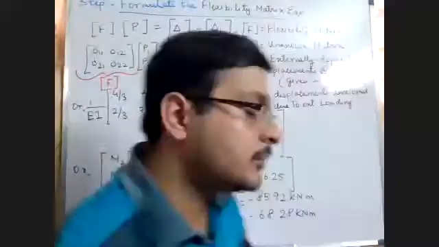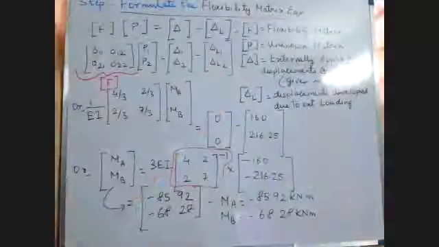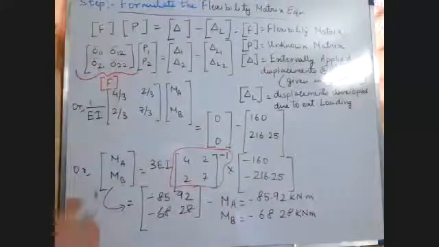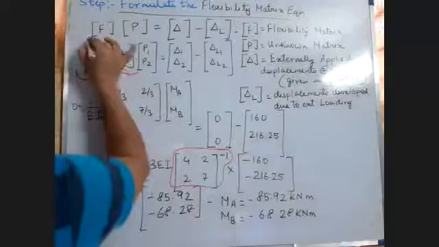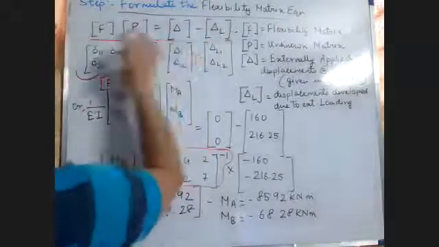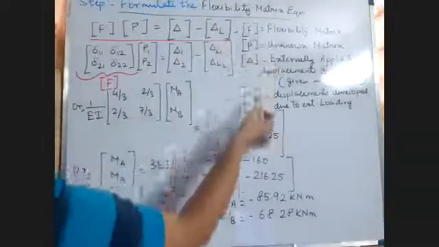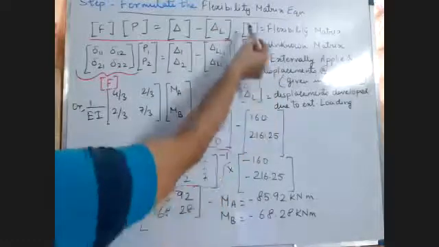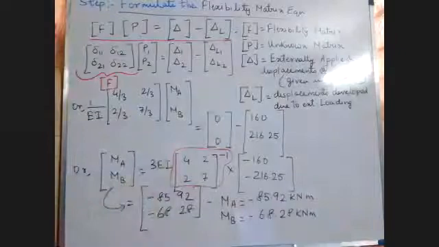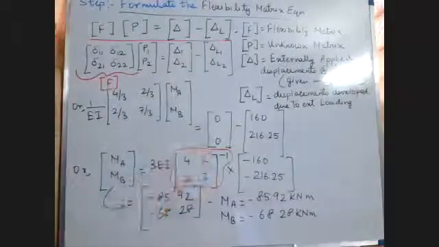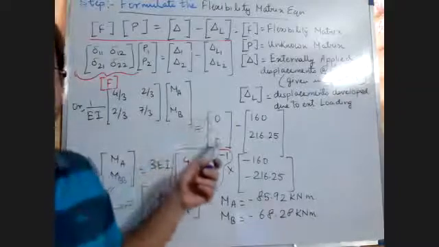Everybody done though? I'm going to erase this part. So this is the equation, okay? Very important. F into P equals delta minus delta L. And you have to remember which are the representations of the respective matrix. Delta, delta 1, delta 2, here it is 0 because it is not mentioned in the question.